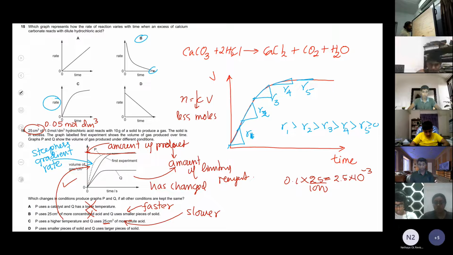If you use half the concentration, 25 divided by 1000 means it's going to be 1.25 × 10^-3 moles. Concentration will change the rate, limiting reagent, as well as the amount. Thereby, the answer is C.